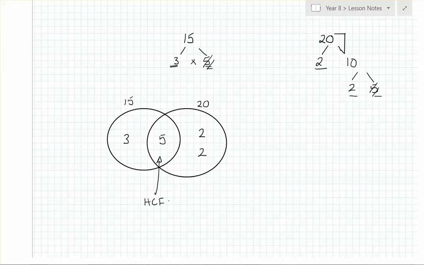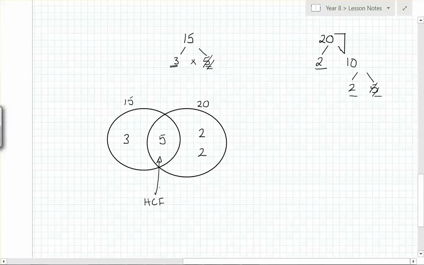What would you do, actually, if there was another number in there with 5? Multiply by the least amount of times to get to 15 or 20? I don't think so. I didn't really get that.